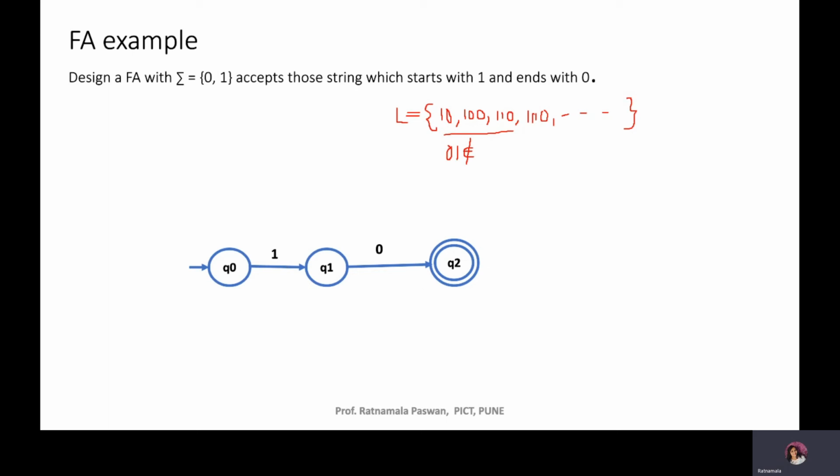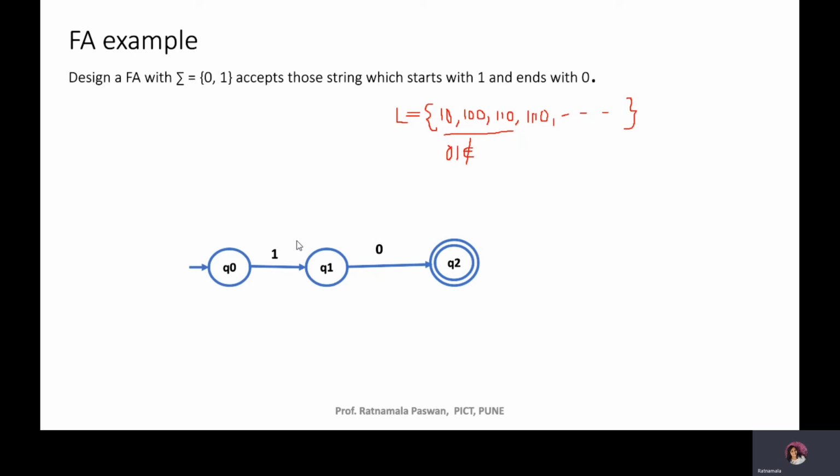Now we need to consider the other transitions over the states Q0, Q1 and Q2, and then we will see how it will accept all the strings which satisfy this criteria, start with 1 and end with 0. Now tell me, from Q0 when the input is 1, the first symbol is 1, then only it goes to the state Q1.